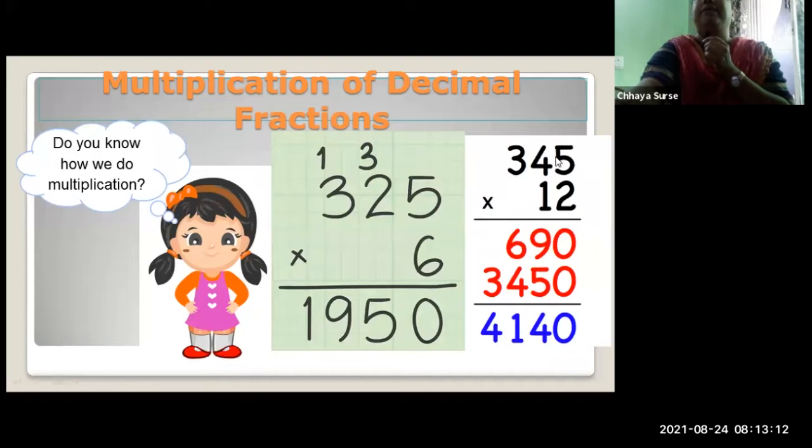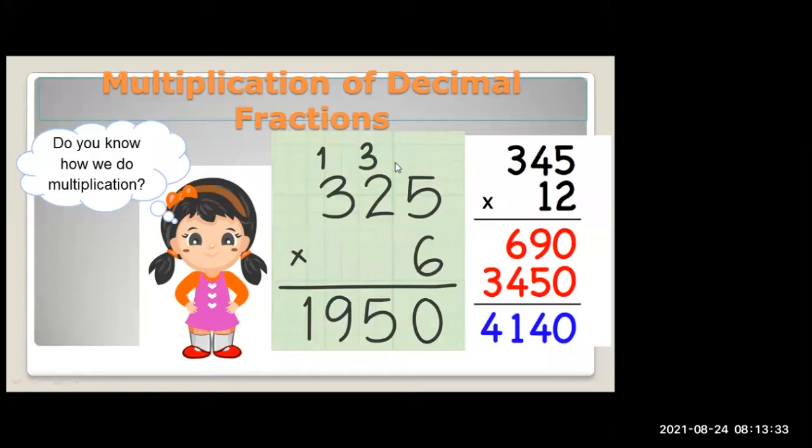Here, is it a decimal fraction? Yes, students, 325 multiplied by 6, is it a decimal fraction? And 345 multiplied by 12? Give me the answer.